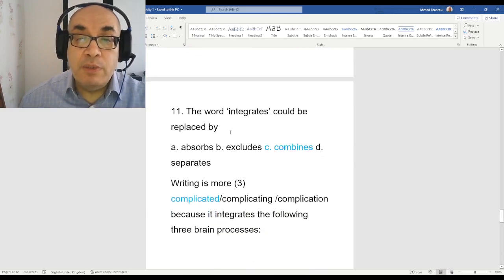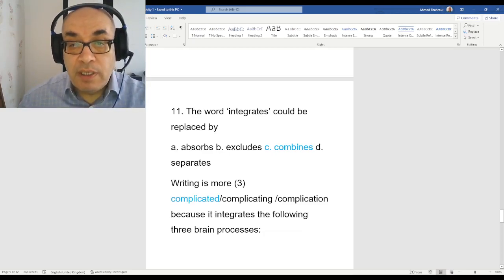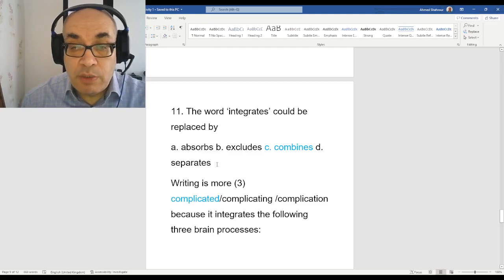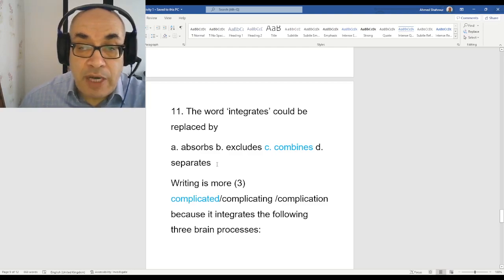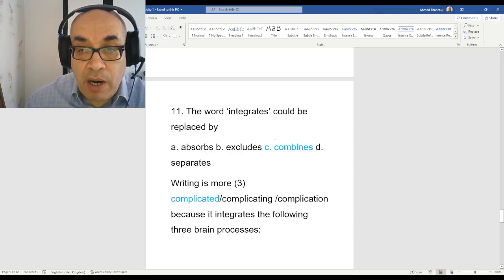Number 11, the word "integrates" could be replaced by. Replace something means take the place of something. Absorbs, excludes, combines, separates. Of course, you can use a dictionary to look up the meaning of these words. So writing is more complicated. So integrates, of course, it means here combines.